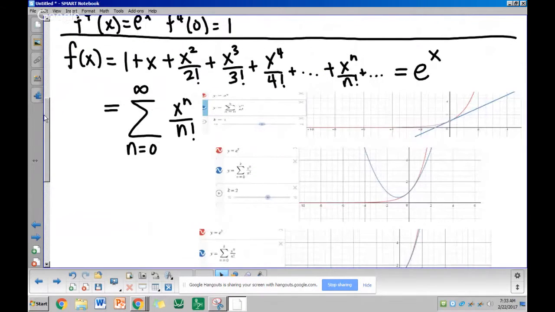That is definitely e to the x, with an IOC, the interval of convergence, from negative infinity to infinity. Which is pretty amazing that you can replace a function with a series, or a polynomial, an infinitely many terms polynomial. All right, and so that is how you create a Taylor polynomial.